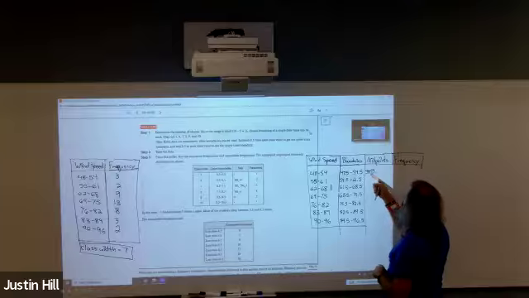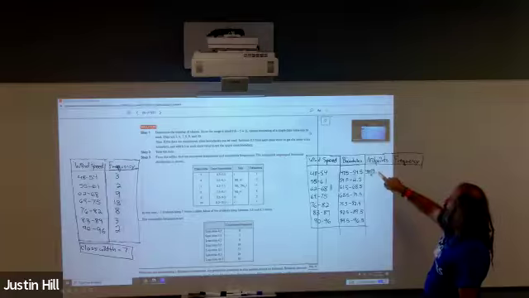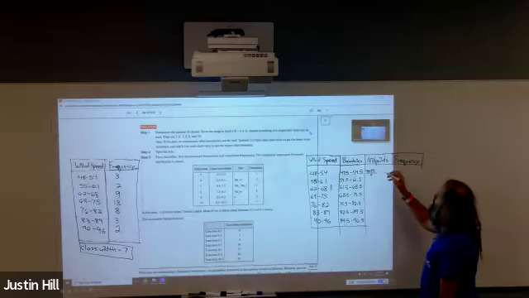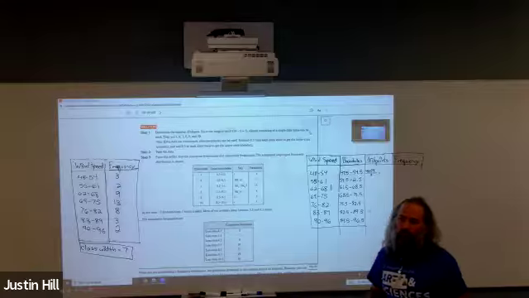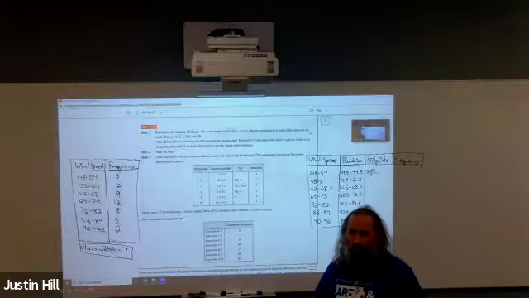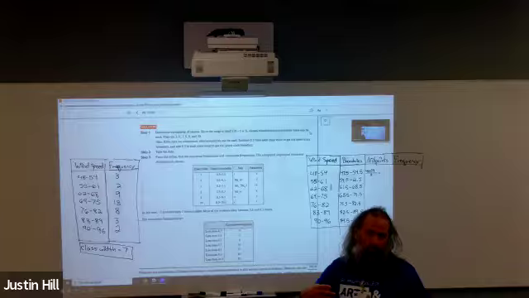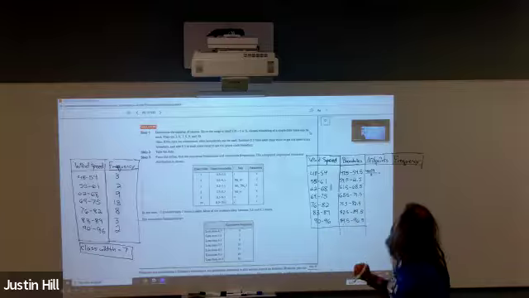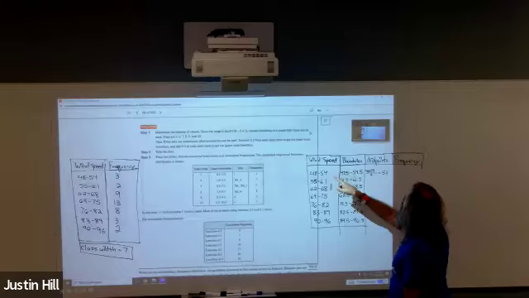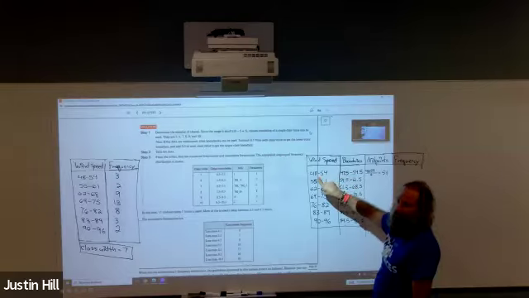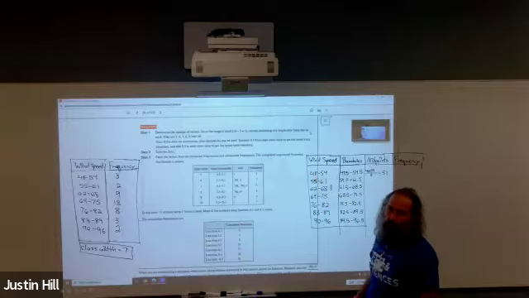When you add 48 and 54, that gives you 102. And I'm going to divide by 2. What is 102 divided by 2? Good, 51. 100 divided by 2 is 50. 2 divided by 2 is 1. So 51. For that first class, 51 literally is the number halfway between 48 and 54.